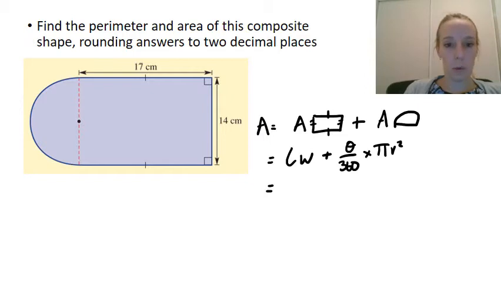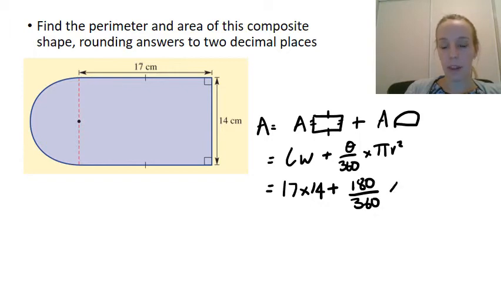So length times width, we've got 17 times 14. Plus, because it's half a circle, it's going to be half of 360, which is 180, over 360, times pi times r squared. Our radius is only part of this way, so our radius is going to be 14 divided by 2, which is 7, squared.